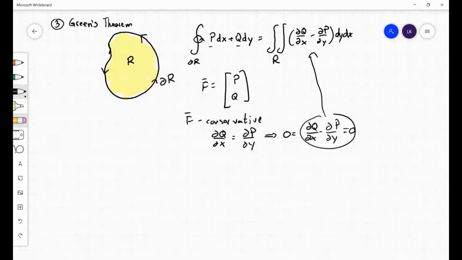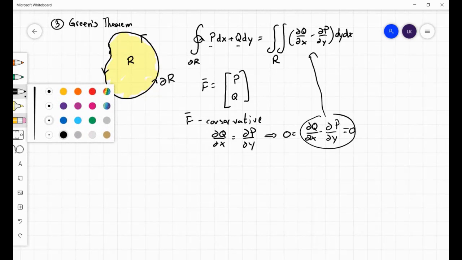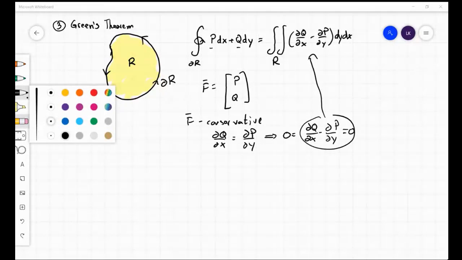So let's just keep it really simple. What do you mean the vector field is bounded? You mean the components of the vector field are bounded functions?